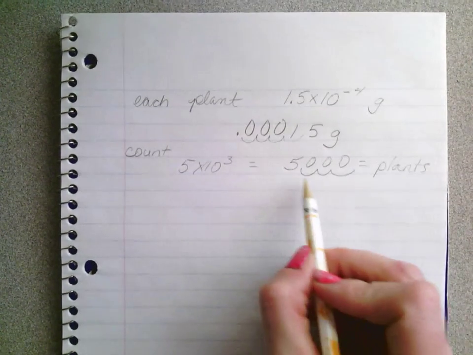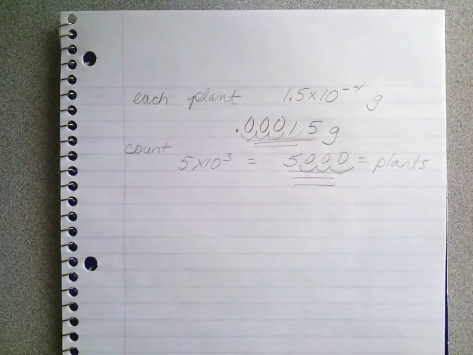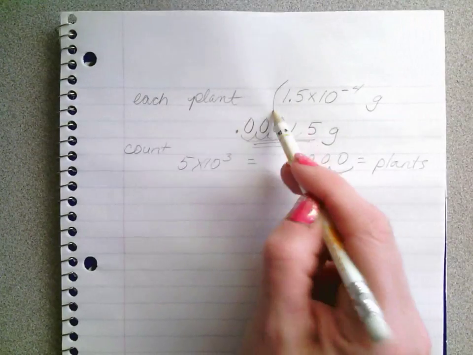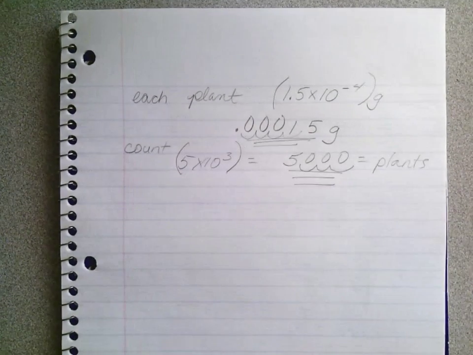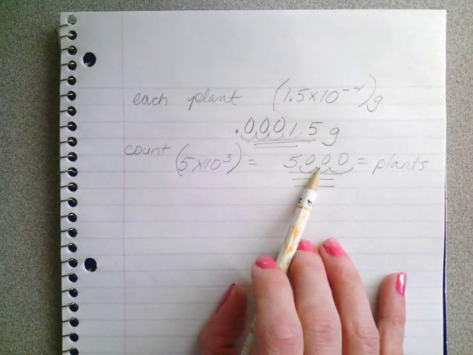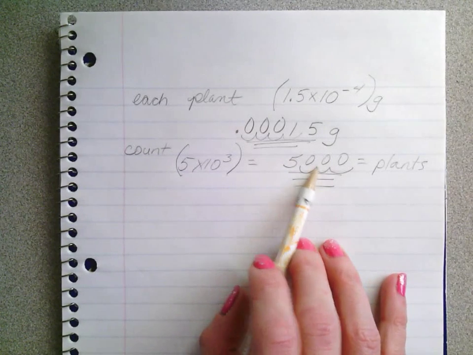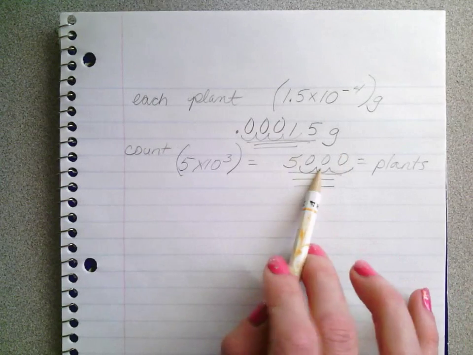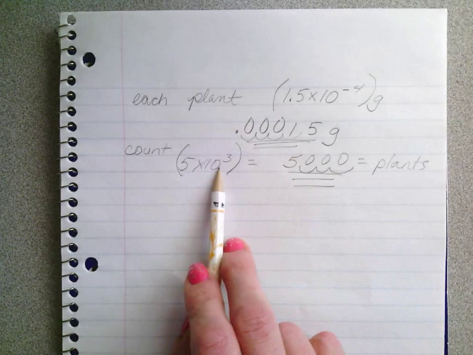So I have a normal number that I derived from the scientific number. If I wanted to find out the weight of a thimbleful of plants, I would multiply how many plants there are in the thimble times the weight of each plant.